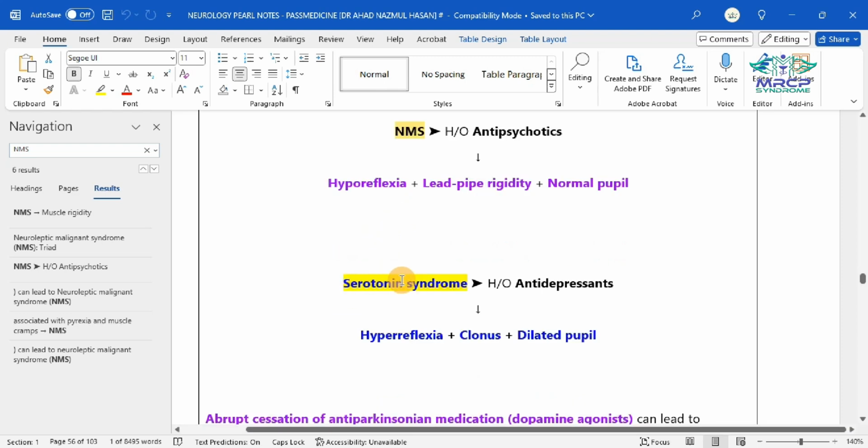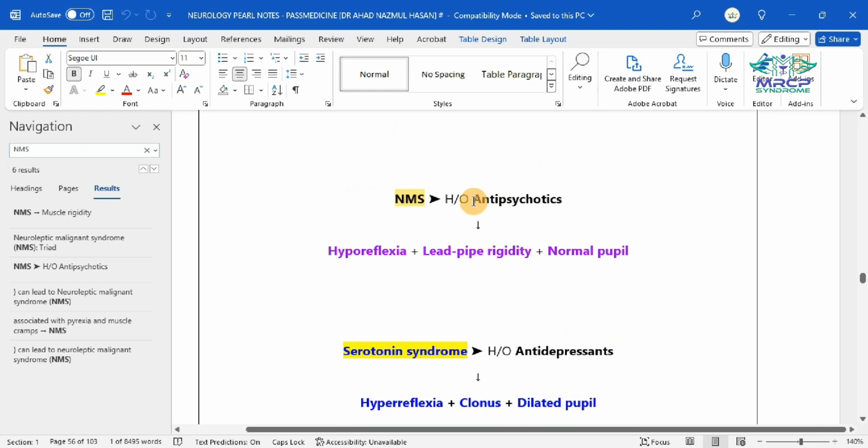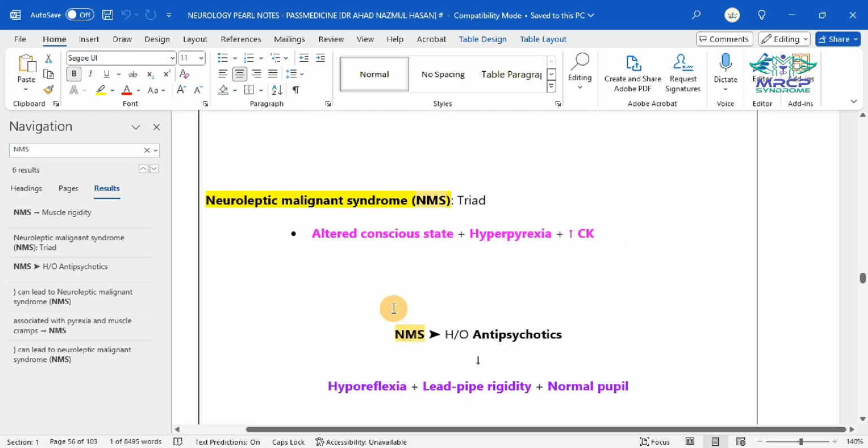In case of serotonin syndrome, there should be a history of taking an antidepressant, either SSRI or tricyclic antidepressant. In NMS, the patient will have lead-pipe rigidity and normal pupils. In serotonin syndrome, hyperreflexia, clonus, dilated pupils. So look at the history of the drug. It will help you to differentiate antipsychotics related to NMS, antidepressants related to serotonin syndrome.